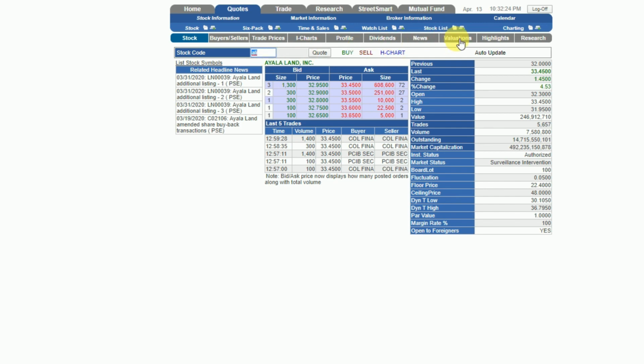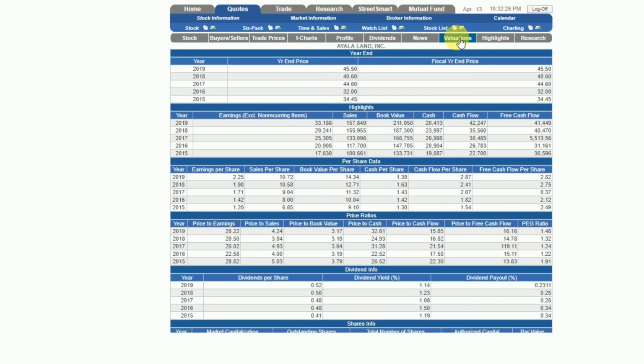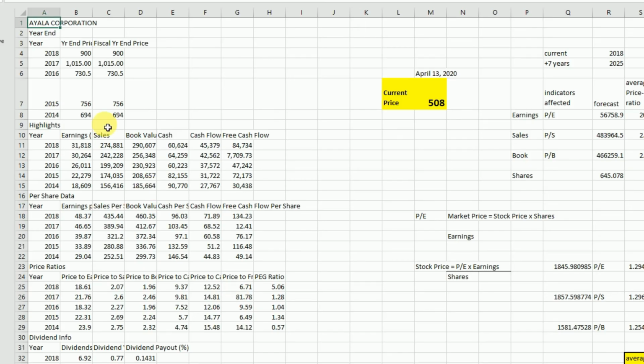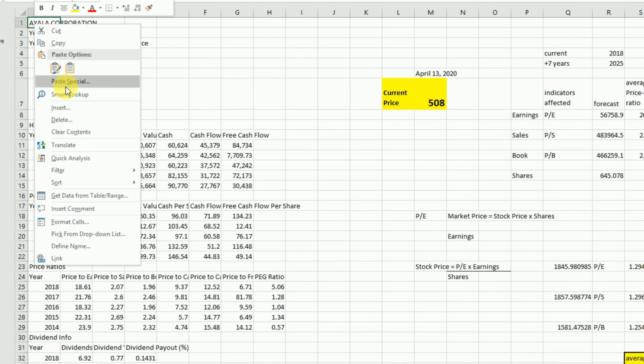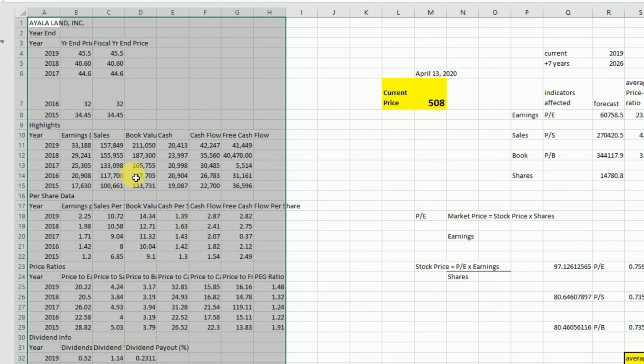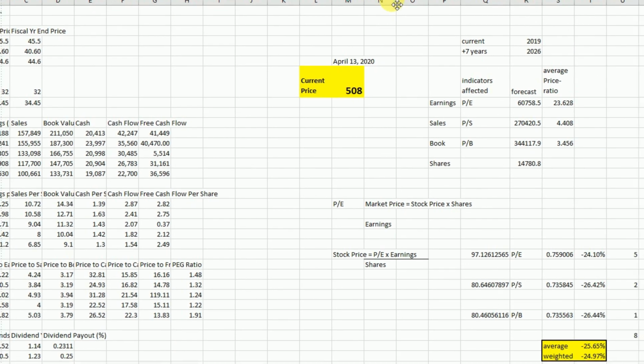Then we click on valuation and copy everything again. Actually, you can copy from Technistock, it's okay. Then just paste it here, but paste special, then Unicode text. If you notice, the numbers here somehow change.